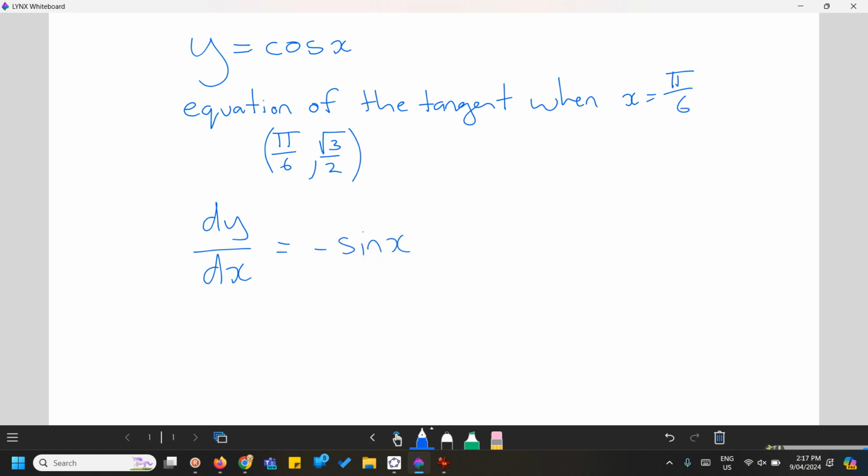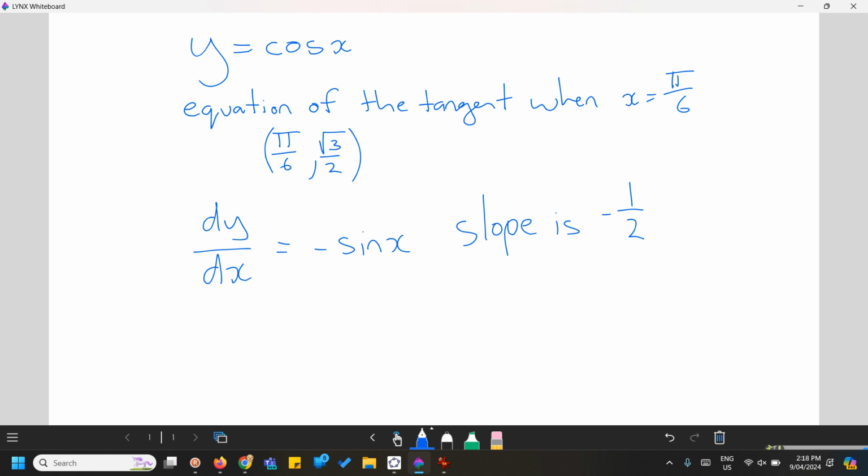Now, if you can remember from the unit circle that was up just a second ago, the y-coordinate there was a half, wasn't it? So sine of pi on 6 is going to be a half, so negative sine of pi on 6 is going to be negative a half. So the slope is negative 1/2. That is what the derivative is equal to at the x point.